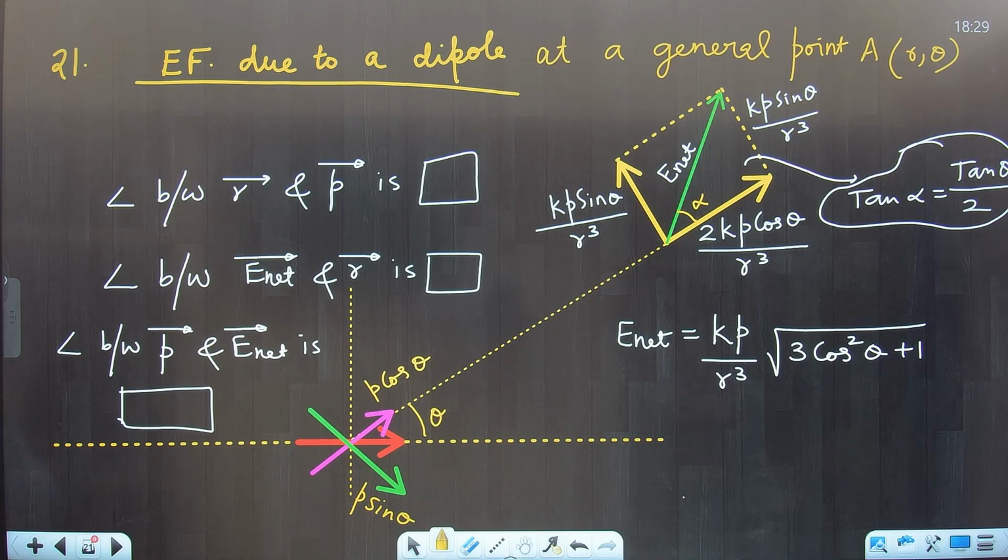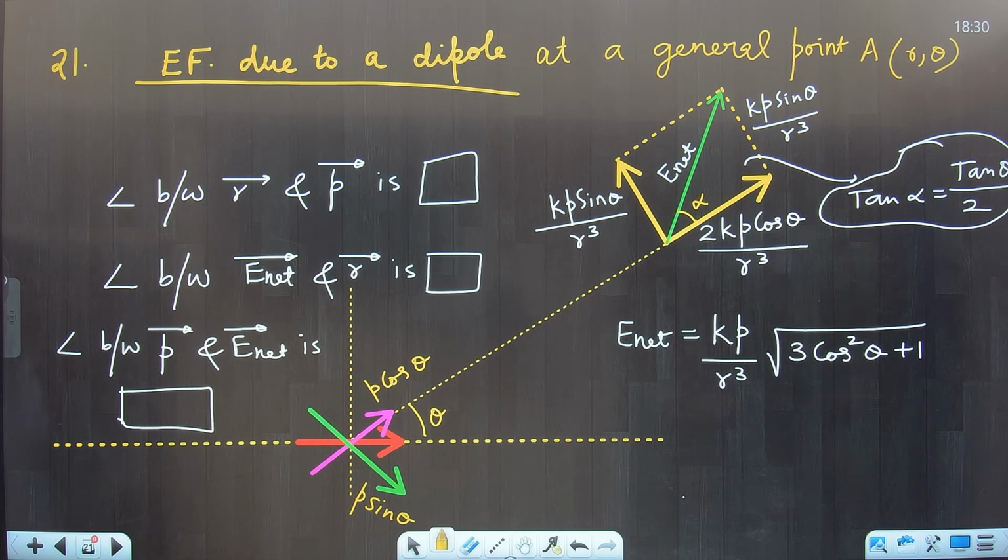Now we come to electric field due to a dipole at general point A, r theta. So we will discuss electric field at general point r theta.